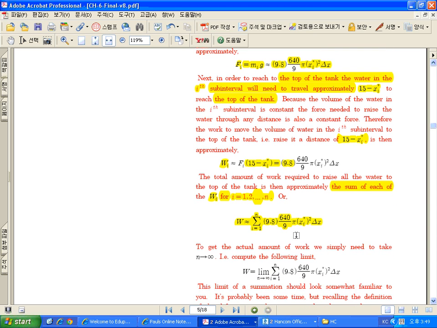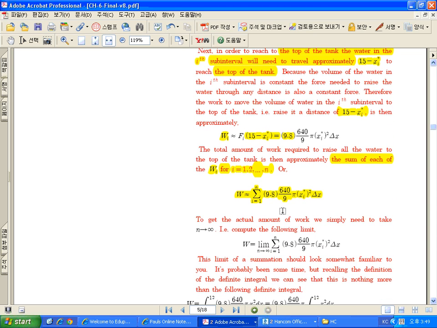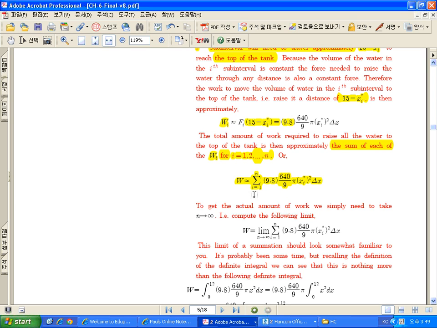To get the actual amount of work, we simply need to take n to infinity. We make the slices, the depths, as many as possible. So let n go to infinity. Then W can be found as the limit of this.